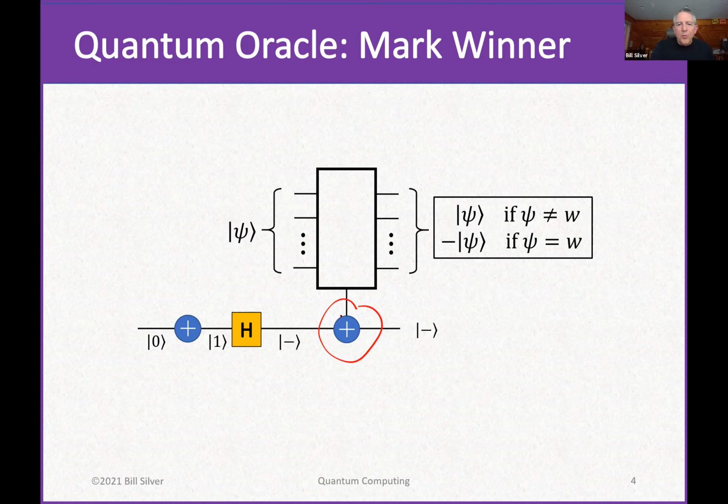And if we supply it with just the right input, the output is unchanged, but some special logically selected basis state is negated. That's called the winner state. And so that's what this quantum oracle can do.